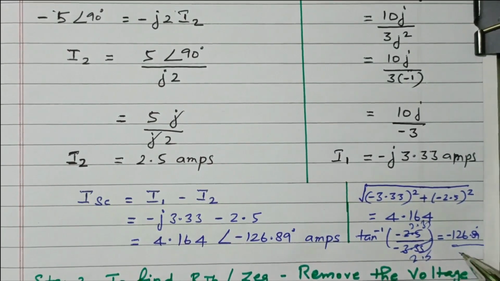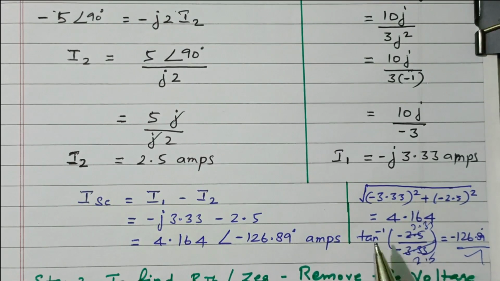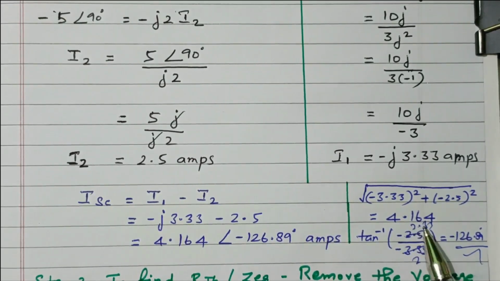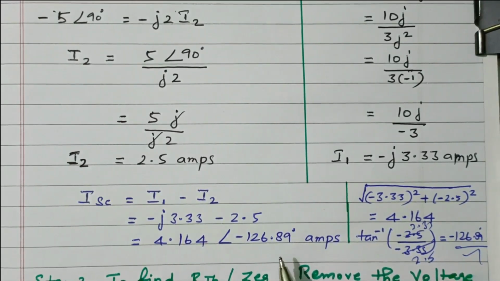This value is correct, but the earlier value is not correct. Minus tan inverse B by A. The imaginary term is 3.33, real term is 2.5. So 3.33 divided by 2.5, the angle 126.89. So that is 4.164 with an angle of minus 126.89 ampere.